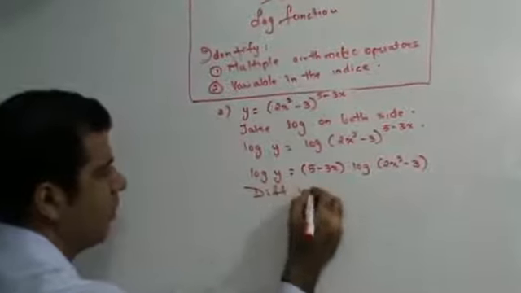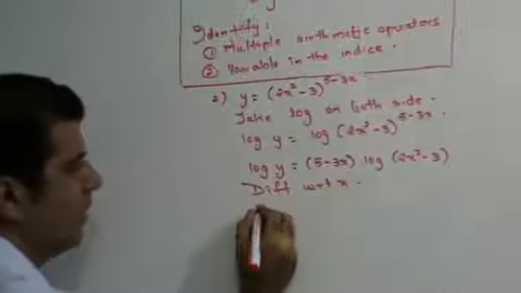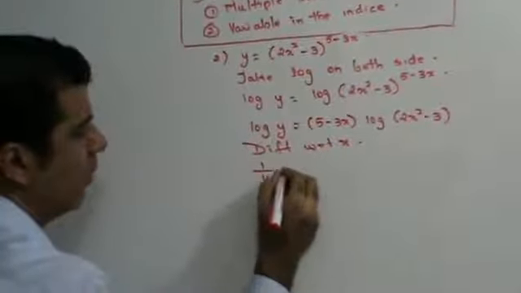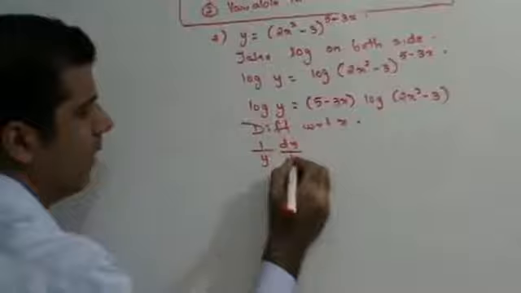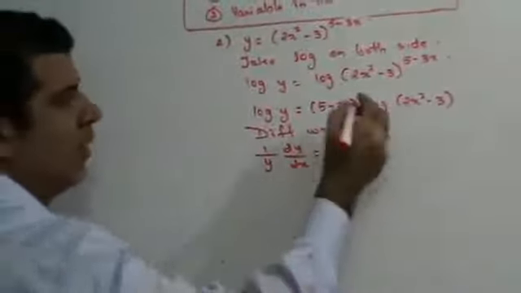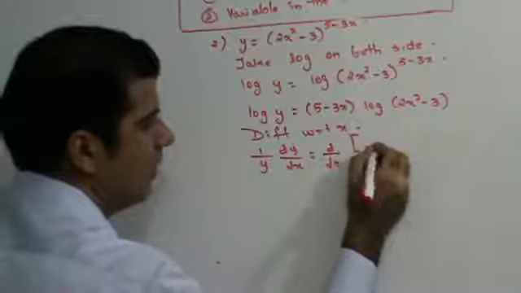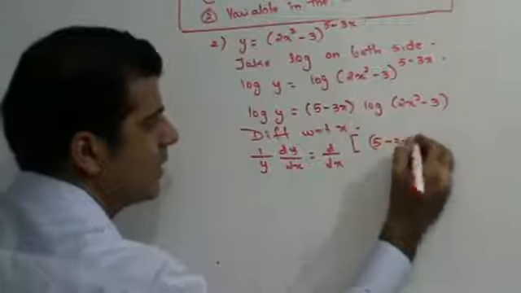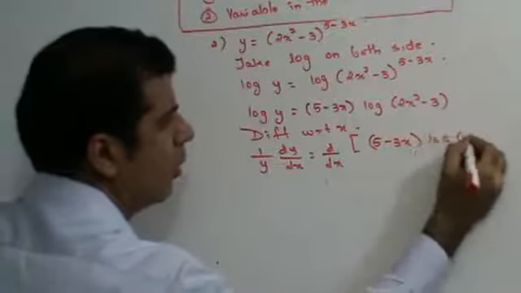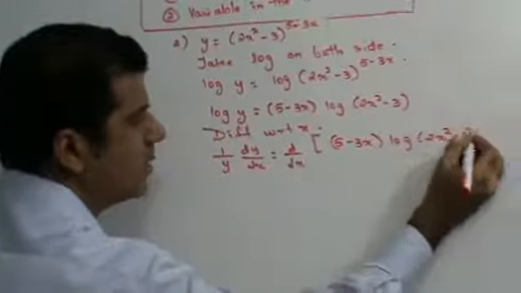Differentiate with respect to x. d/dx of log y is 1 upon y dy/dx. d/dx of (5 − 3x) log (2x² − 3).